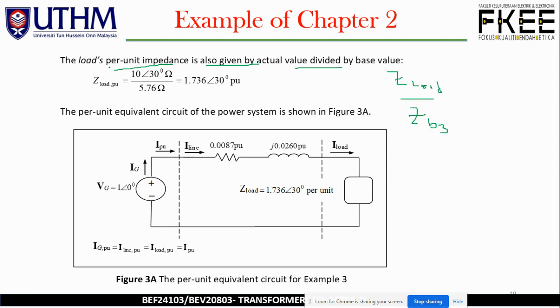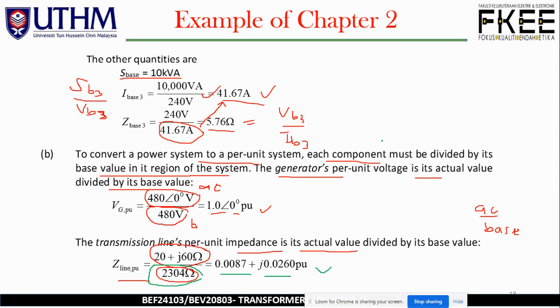So we have 30 ohms at an angle of 0 degrees divided by 6.76, and I believe this is taken from, sorry, Z base 3. Let's double check. So yes, here Z base 3. Remember, because the load is located in region number 3.